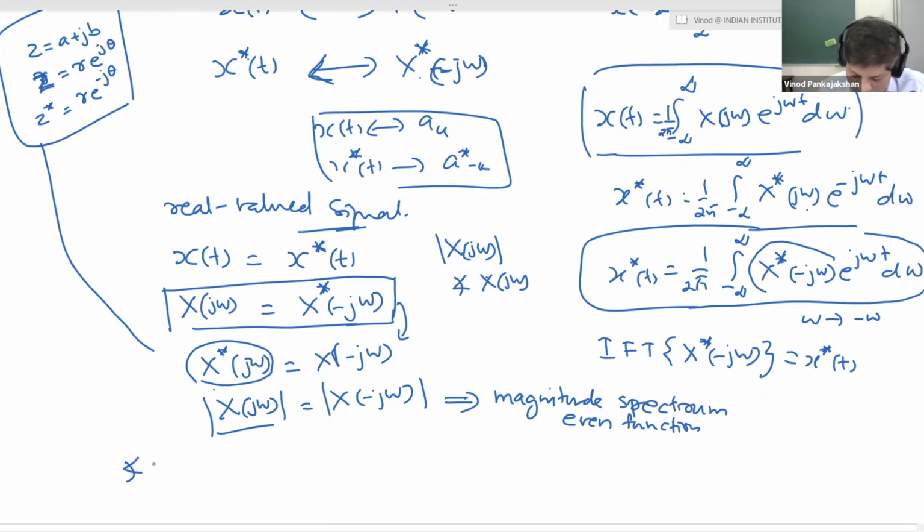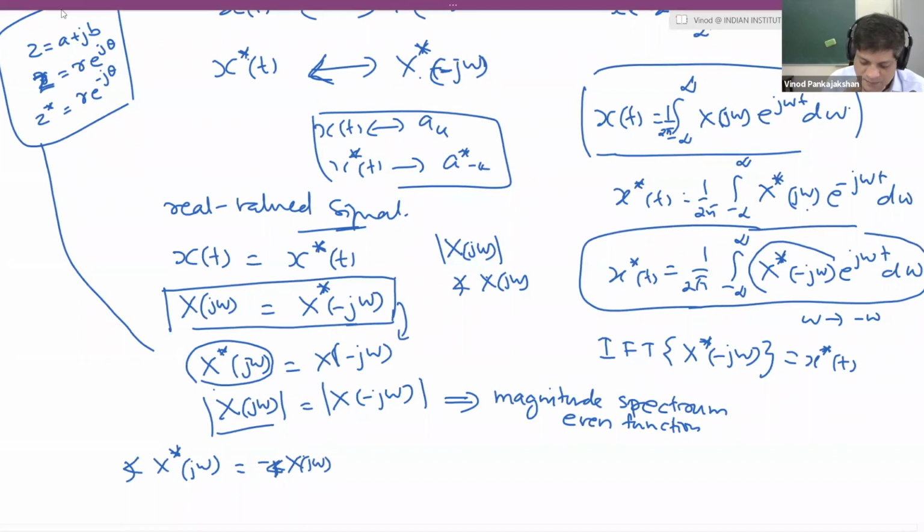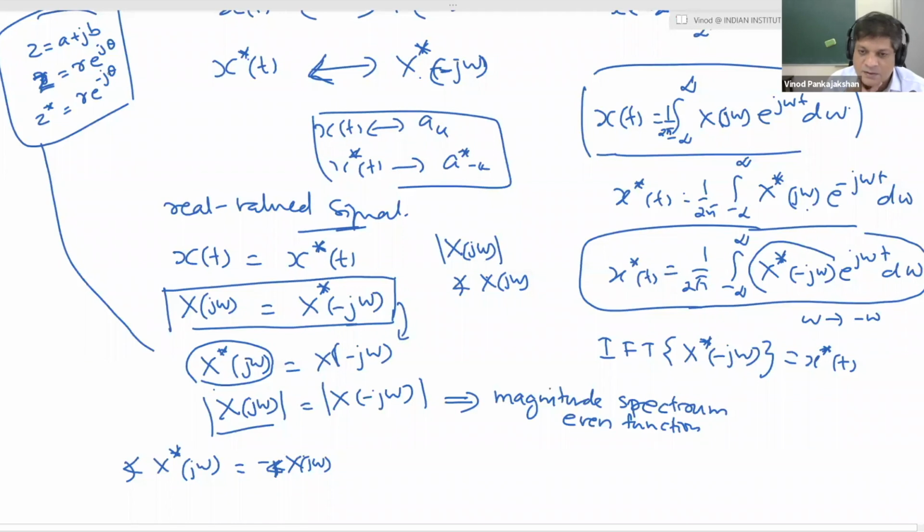Can we say that the phase of x star j omega is related to the phase of x of j omega as minus of the phase of x of j omega, isn't it? It is evident from here, because here the phase is minus theta. For z, if it is theta, for z star the phase is minus theta.